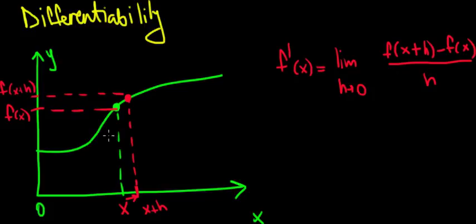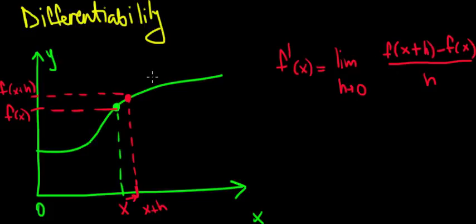And now the limit when h approaches 0 means that the difference between this value and x plus h has to be very, very small. It's not going to be literally 0, but when x increases by 0.001, for instance, how does y increase? So we call this an instantaneous rate of change. What was the derivative? That's the change in y relative to change in x.